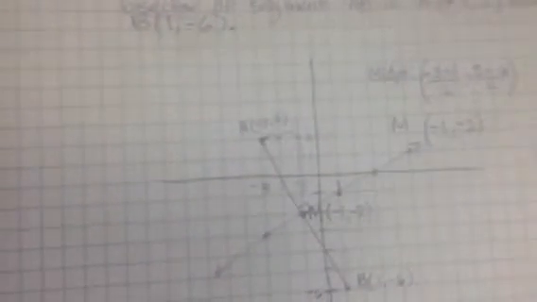So this is the slope that I'm going to use for the line that I'm trying to draw. So I'm looking for a line that has a slope of positive 1/2. If I go back to my line, that means from point M, I'm going to go up 1, right 2, or down 1 to the left 2, etc. So this is the line I'm trying to write the equation for, those two being perpendicular.